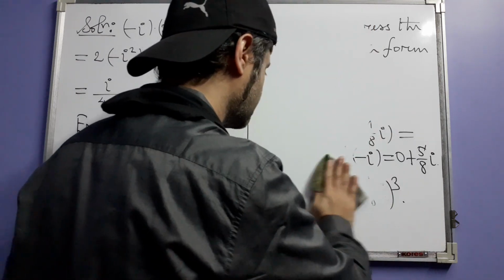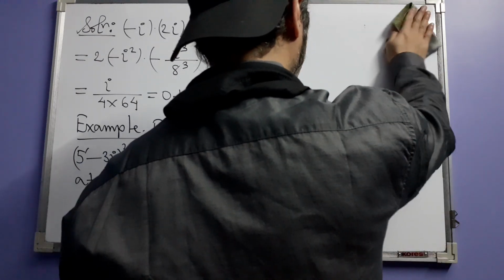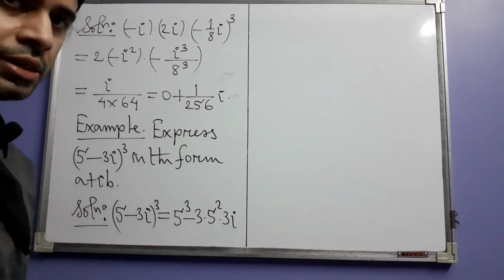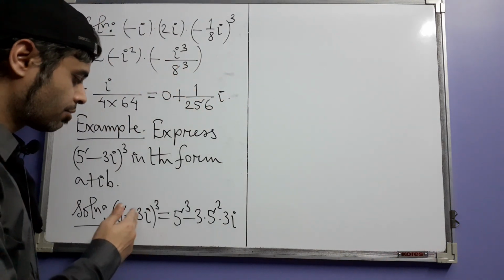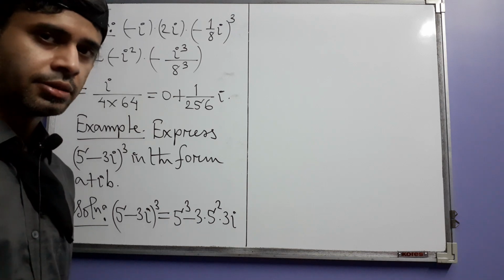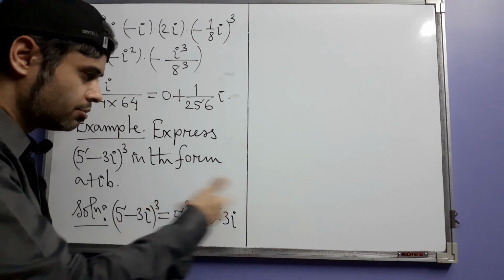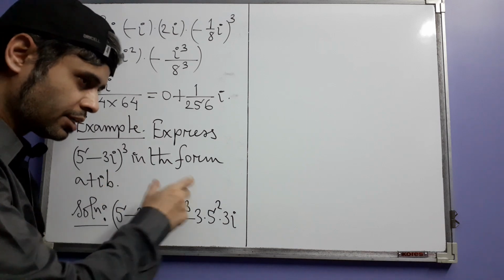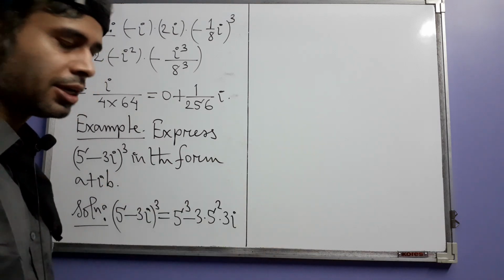Oh, and one more thing, if you do not really remember these formulae very well, say you are not confident about what the expansion is, you can always do ordinary multiplication. You write 5 minus 3i three times and then you just multiply them.